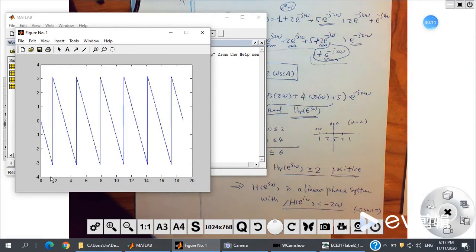Then from pi, here omega is pi. Here omega is 3 pi. From pi to 3 pi, here's 1 dot something. Oh, it's half pi.